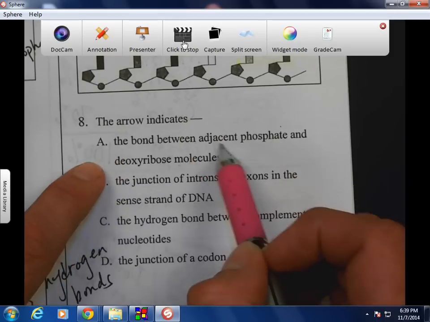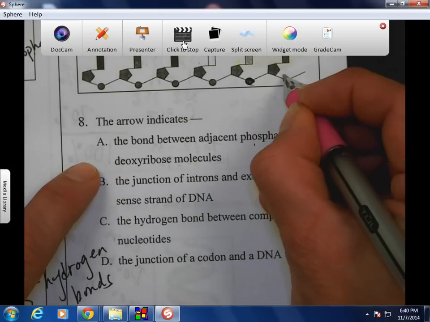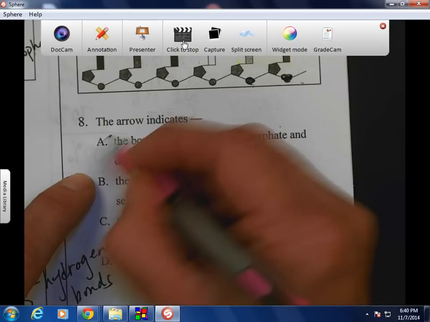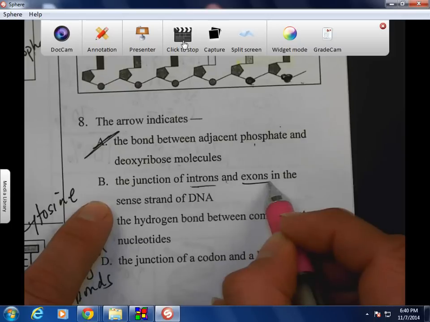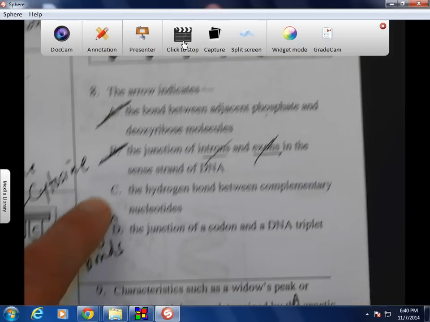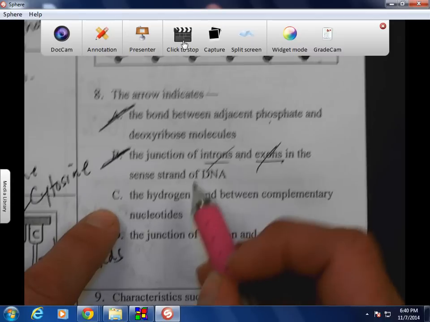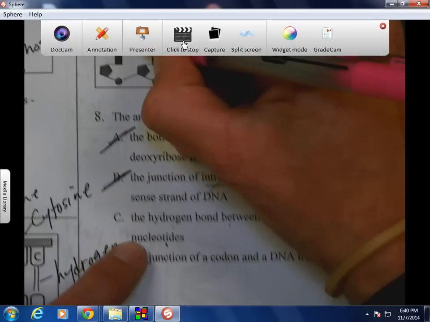The bond between adjacent phosphates. Well, no, here's a phosphate. And here's a phosphate. No, that's not where the arrow is pointing. The junction of introns and exons, we've never talked about those words, so that's not going to be it. C, the hydrogen bonds between complementary nucleotides. Yeah, I didn't label that one.